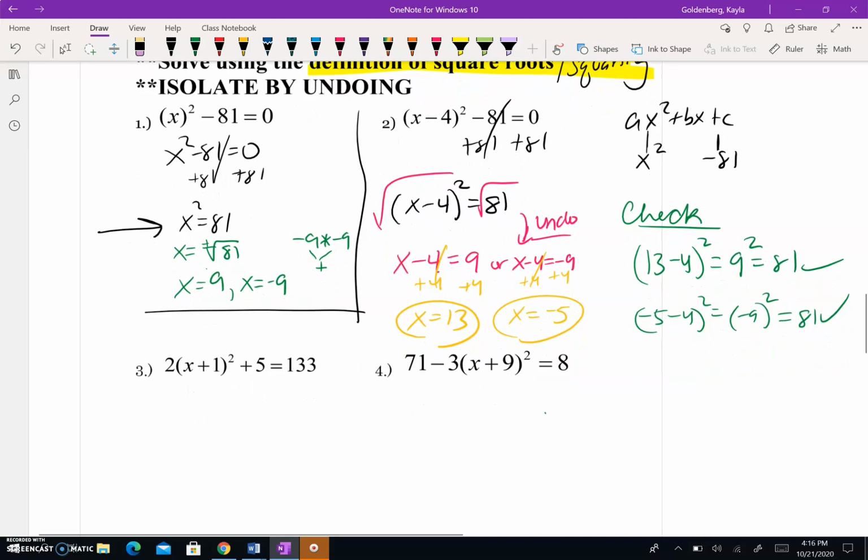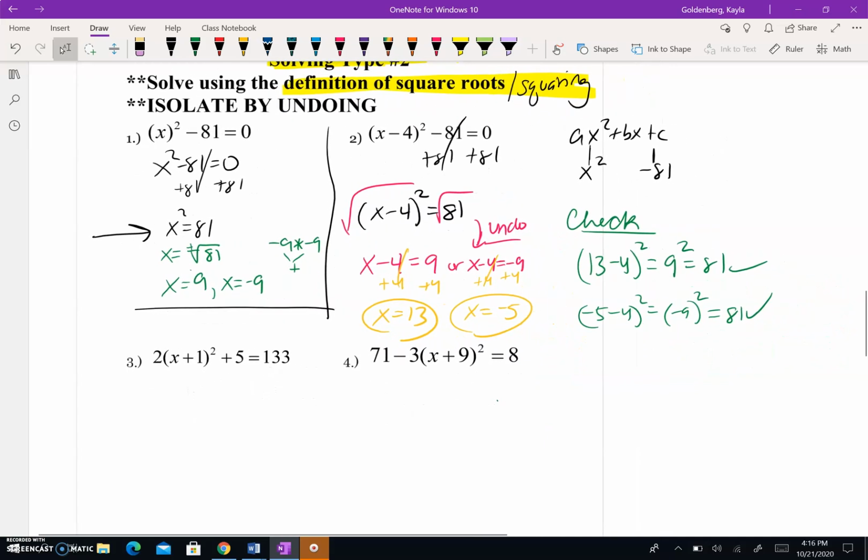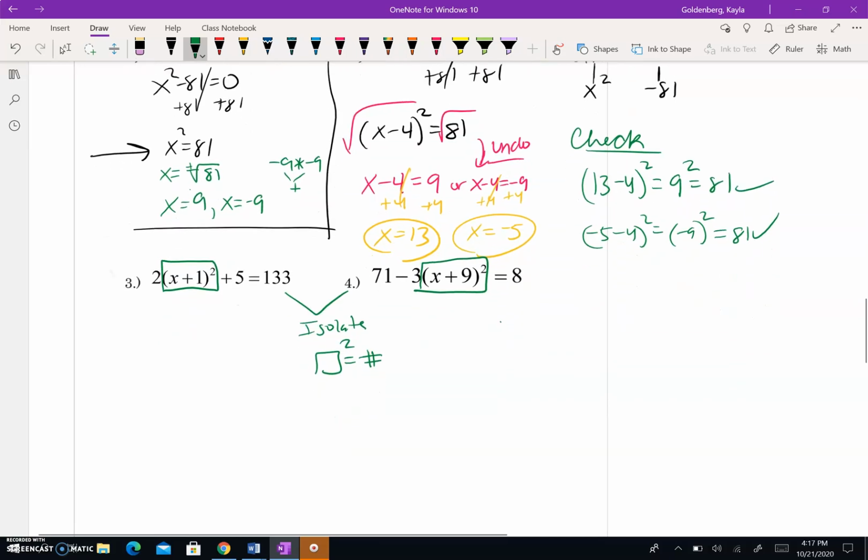In both of these, your goal is to isolate the something being squared and have it equal just a number. So we're trying to isolate this stuff here, and we're trying to isolate this stuff here. So we just need to think about how to get rid of everything else. Think about it like a regular solving equation, right?